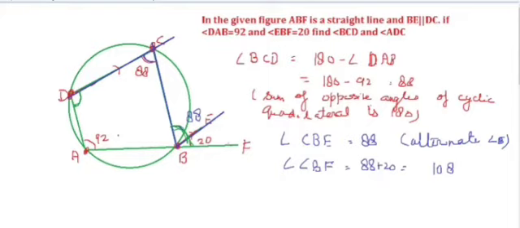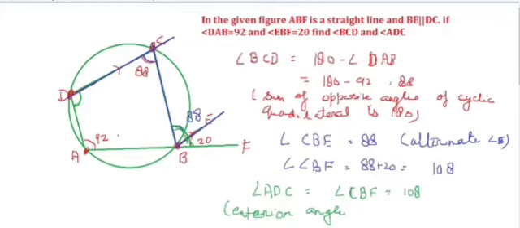So from here I can write angle ADC will be equal to angle CBF equals 108, because the exterior angle of a cyclic quadrilateral is equal to the opposite interior angle.